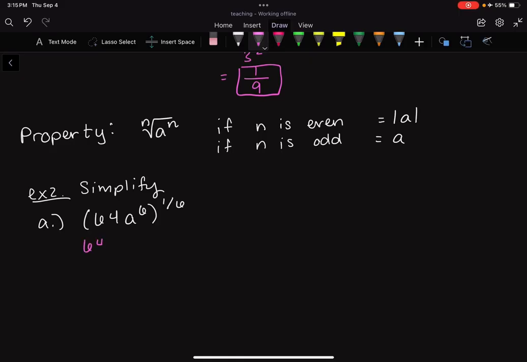So this is 64 to the 1/6, and this is also a to the 6th to the 1/6, or just 6/6. So I'm taking the 6th root of 64, and then a will be to the power of 1.